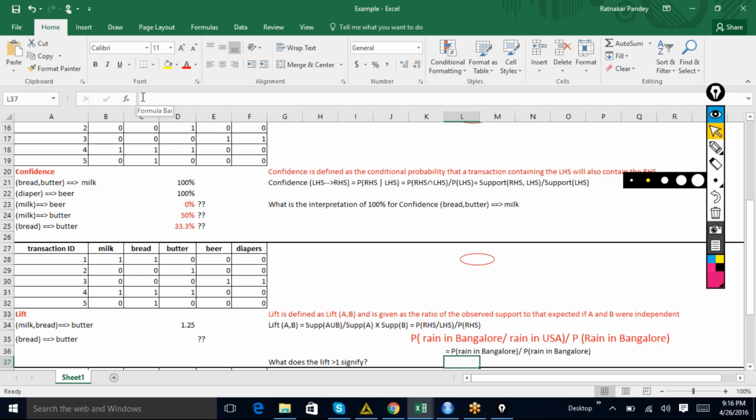So the numerator is the same as the denominator, and you will have the lift as 1, right?